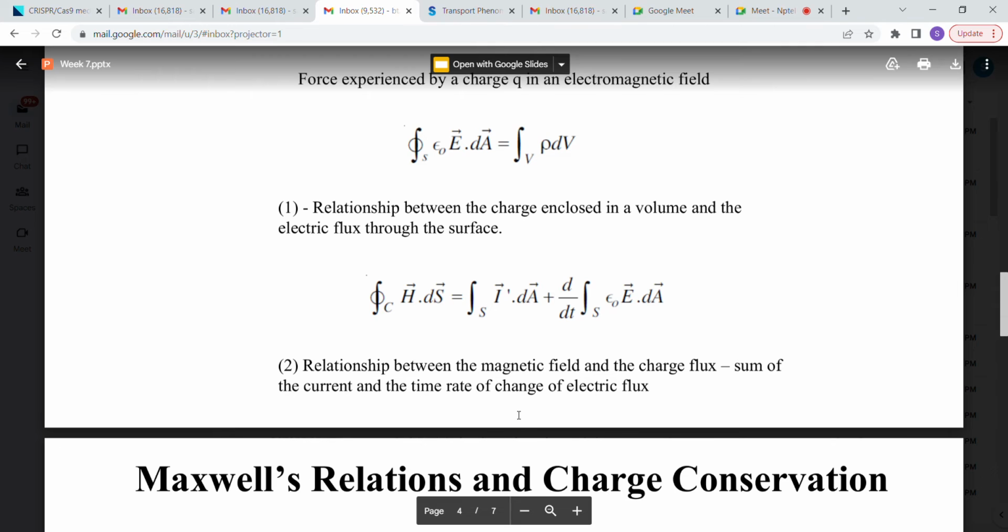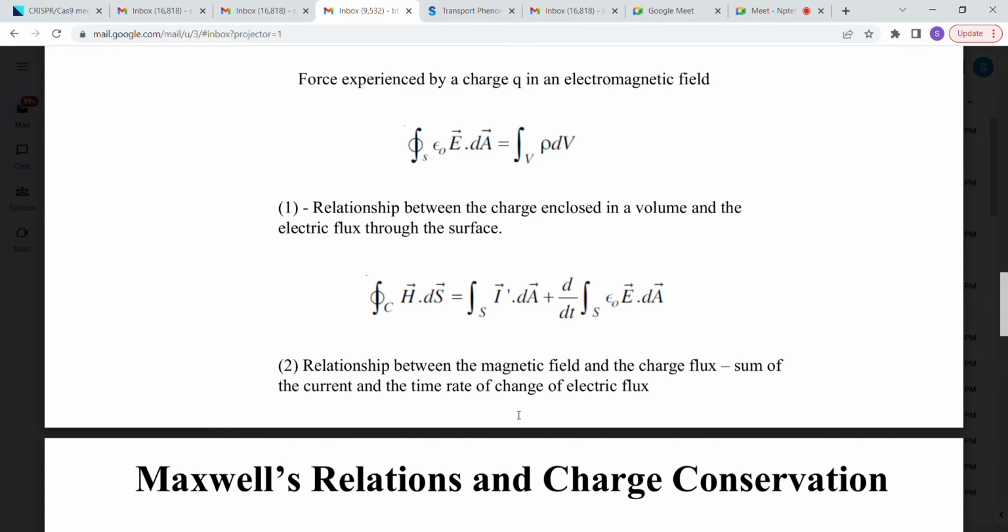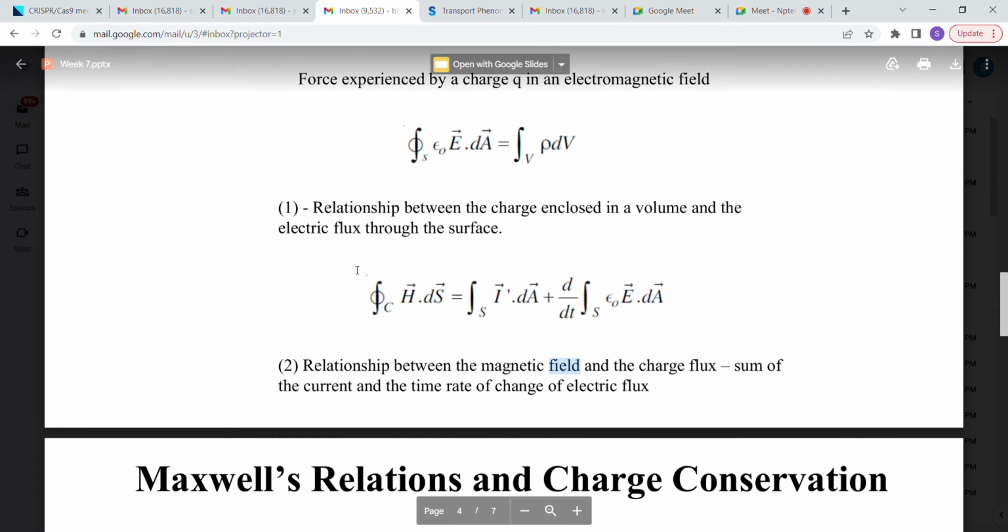Now let's come to Maxwell's second relation, the relationship between the magnetic field and the charge flux. I would like to note something here. Whenever there is flux, it is always denoted in terms of the area, and whenever it is in terms of field or field intensity, magnetic field intensity or electric field intensity, as we will see in the third relationship, it is denoted in terms of the surface vector.